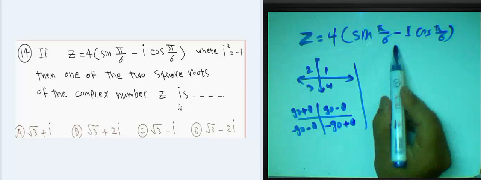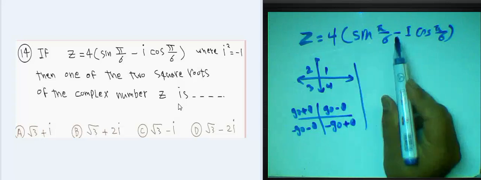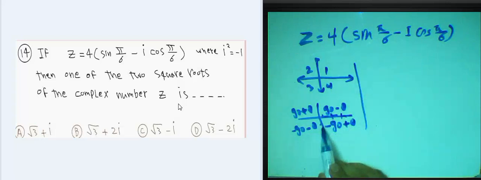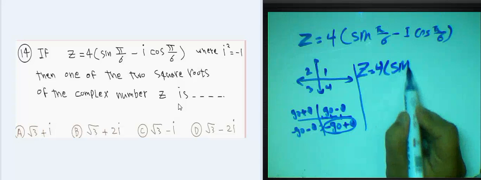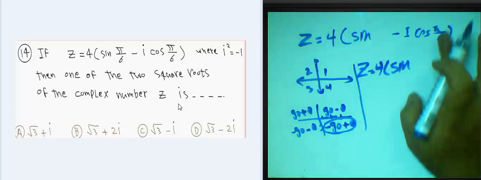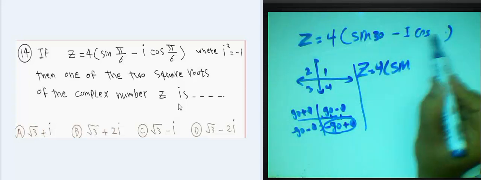Look at the sign here, positive and negative. It lies in the fourth quadrant, so we can write 4 here and sine. Look at π/6, which is 30 degrees.